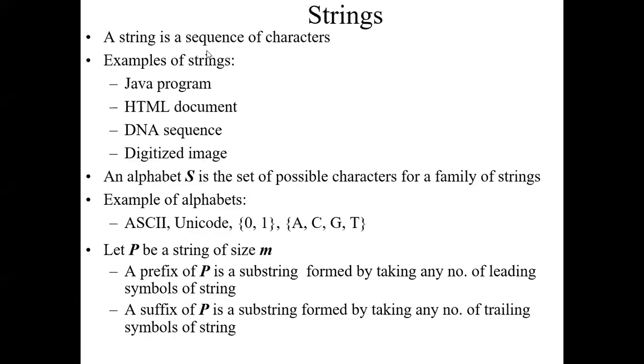So these are the few concepts, the prerequisites for this module. String is a sequence of characters. Examples of strings could be any Java program, any HTML document, DNA sequence, any image. DNA mapping involves sequences of characters such as G, A, C, and T. We are trying to map the characters basically.